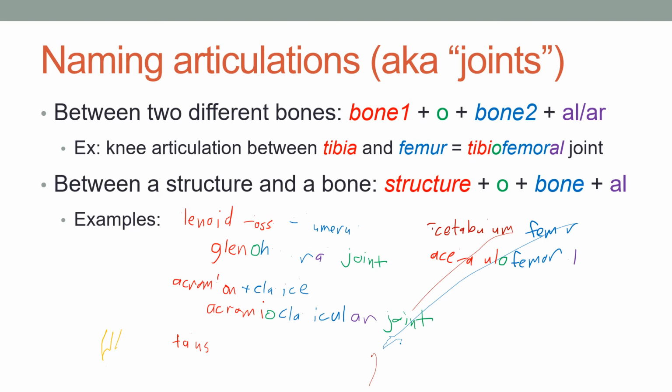And instead of calling this the talotibiofibular joint, which is hard to say, much less write out, they say that it forms a joint with the crura, or leg. And so we have the talocrural joint. That is definitely Bowser.